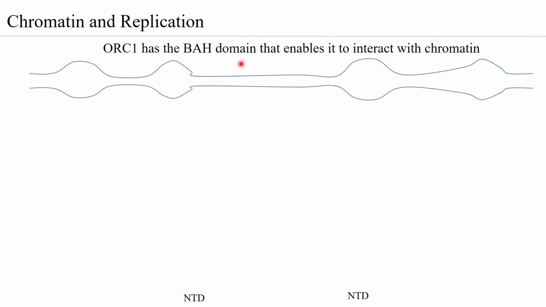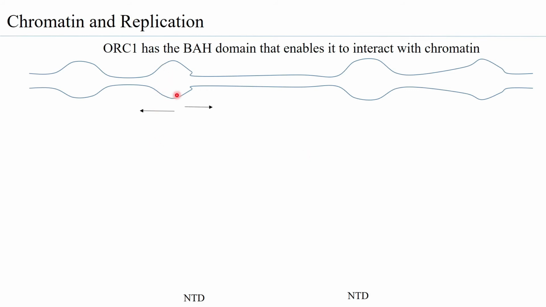So we have the BAH domains in the ORC itself responsible for marking the origins despite the DNA being in the chromatin form. That is thanks to the fact that ORC1 can bind to the chromatin.